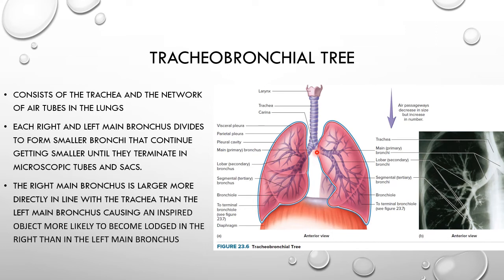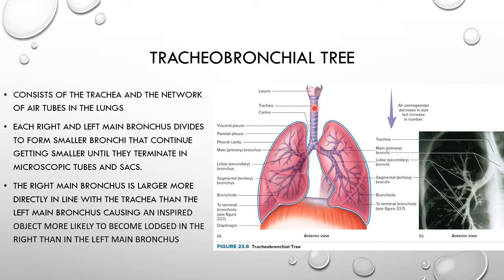Itong left nyo medyo slightly horizontal. So, right main bronchus is more in line, no? Meaning mas vertical siya with the trachea. Okay? So, anong implication?